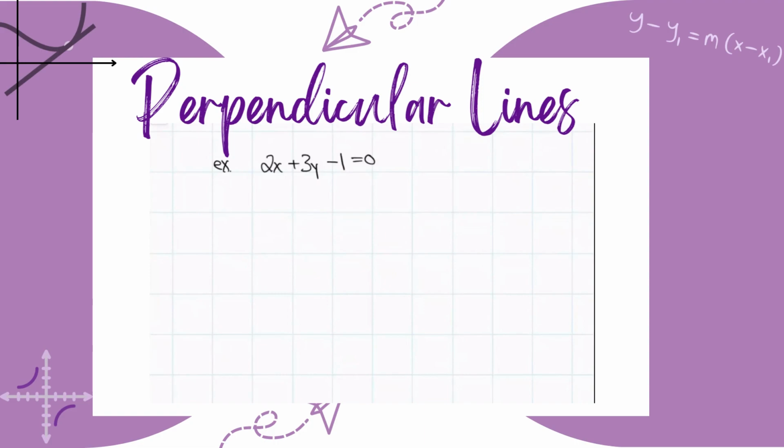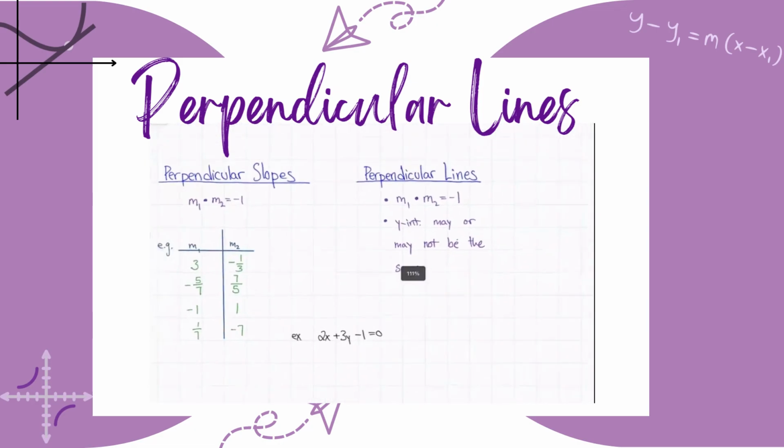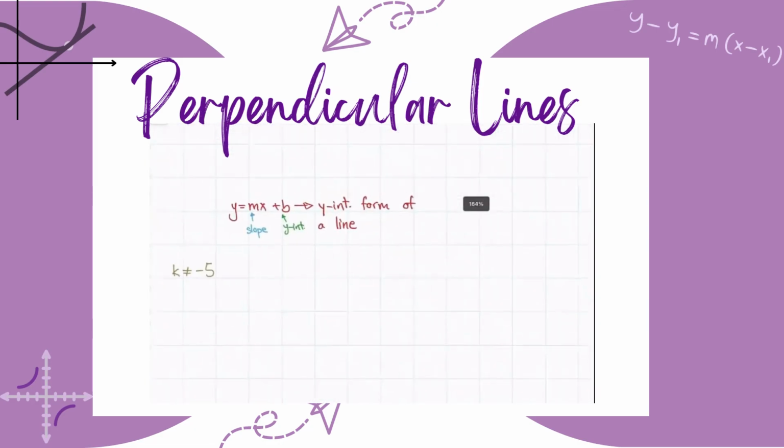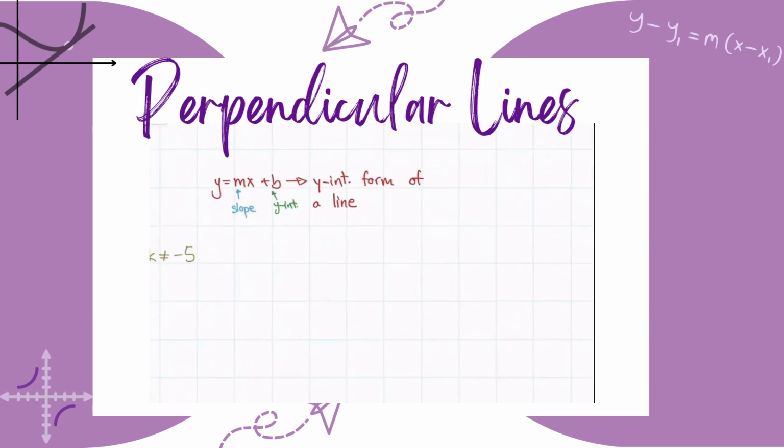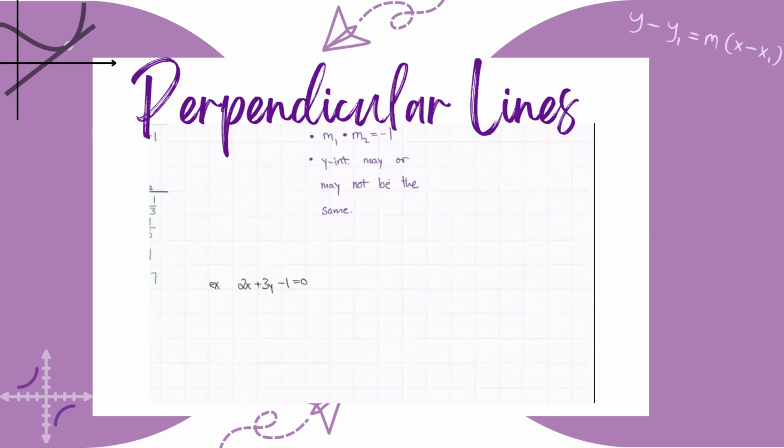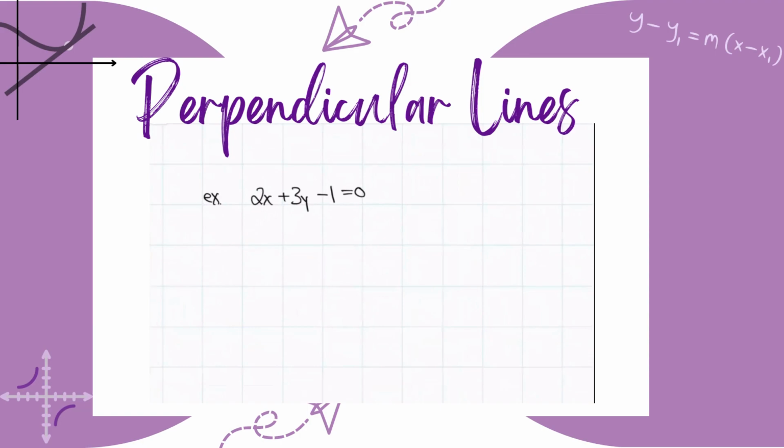Right now, this is not written in the y-intercept form, right? This over here is written in the standard form. So what we now need to do is convert the standard form into y-intercept form, then figure out what the slope is.